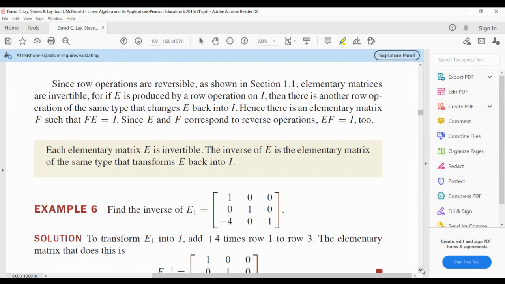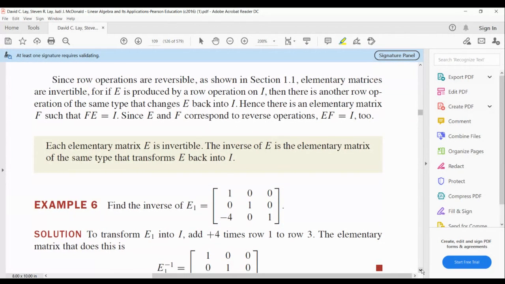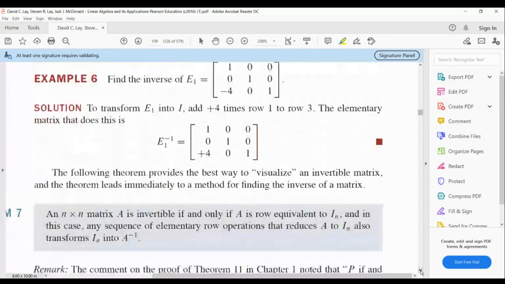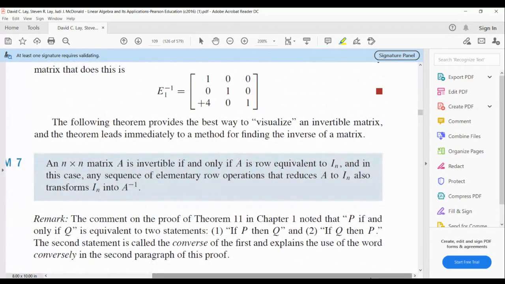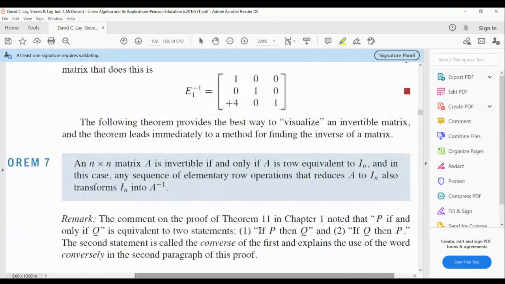The reason we need to understand these elementary matrices is because they're used to help us prove things in linear algebra. Remember, you have a formula that allows you to compute the inverse of a 2 by 2 matrix.